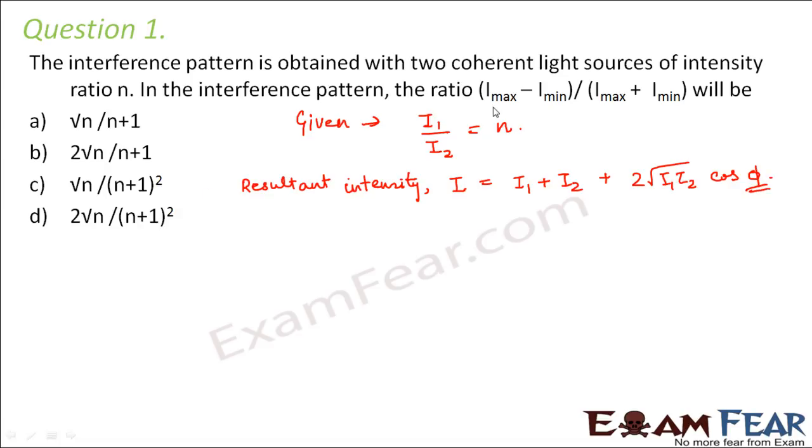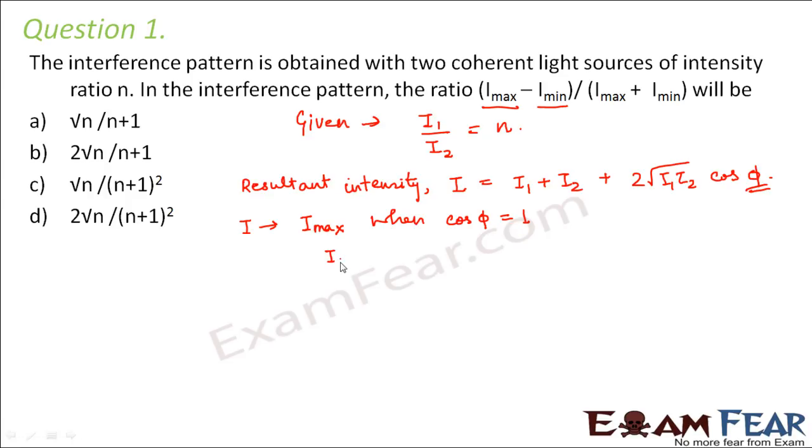Now here we are looking for the maximum value of intensity and minimum value of intensity. The value of intensity will be maximum when cos phi is equal to 1, because whenever cos phi is maximum, I will be maximum. When cos phi is minimum, I will be minimum. So the maximum possible value of cos phi is 1.